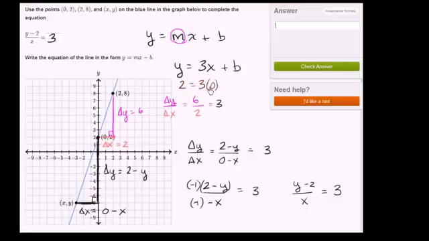So 3 times 0 plus b is going to be equal to 2. Well, that's just 0. And you're just left with b is equal to 2, or 2 is equal to b. So we're done. It's y equals 3x plus 2. So let's fill that in on the actual exercise.